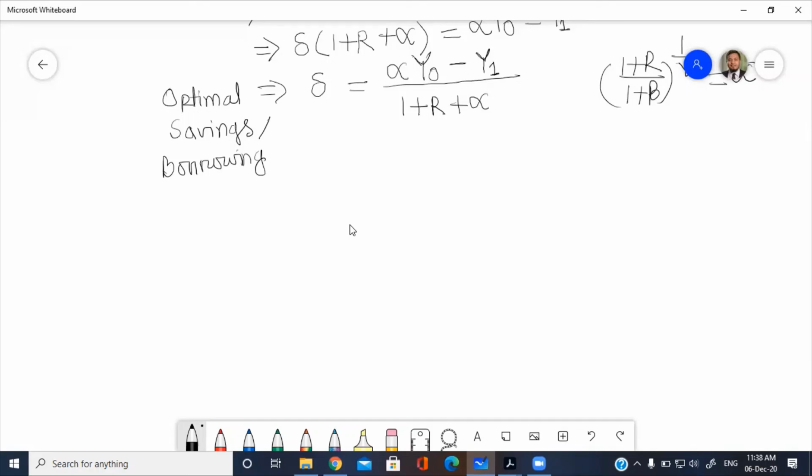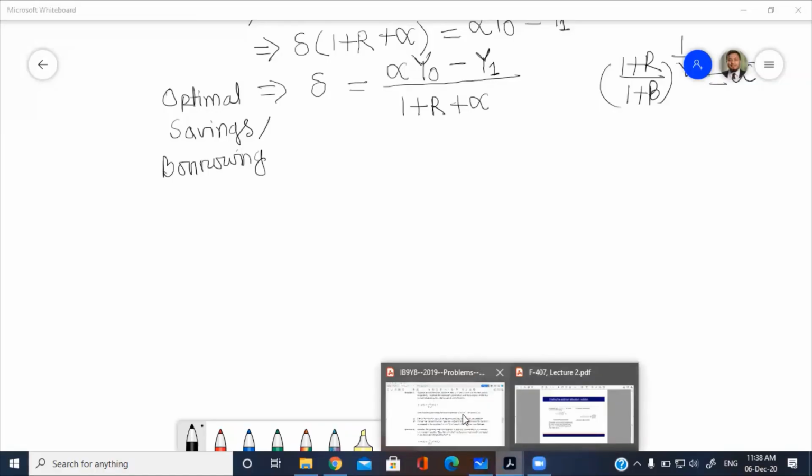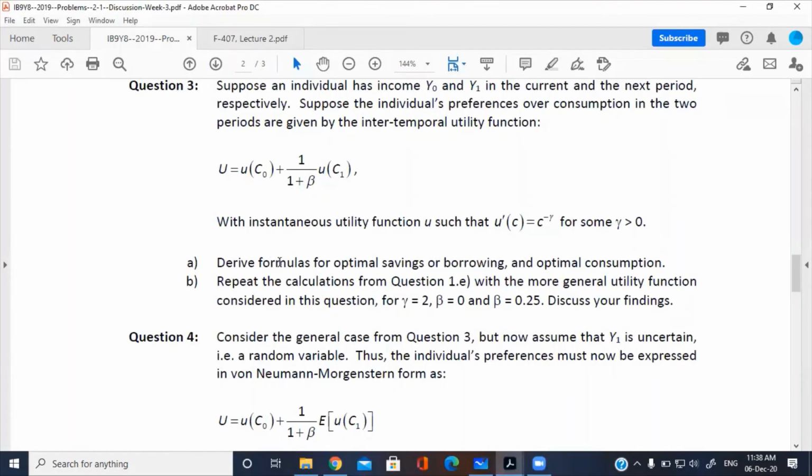Okay, now you see, can we come up with the optimal consumption? You see the question, don't forget it. Derive formulas for optimal savings or borrowings and optimal consumption. We have come up with the optimal savings and we need to come up with the optimal consumption now.